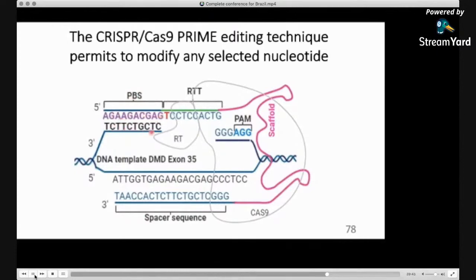This is followed by the reverse transcriptase template, which is again 10 to 17 nucleotides in length, and which will contain some modified nucleotides, in red in this case, indicating which nucleotide has to be modified by the reverse transcriptase.